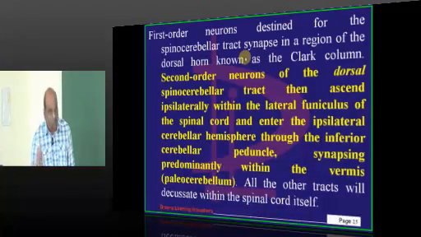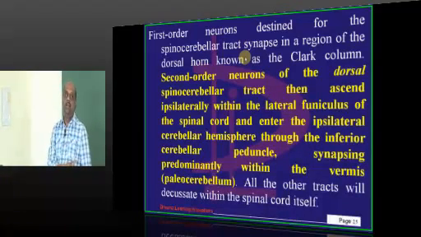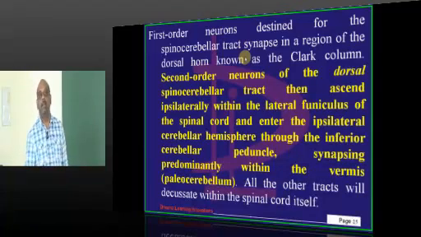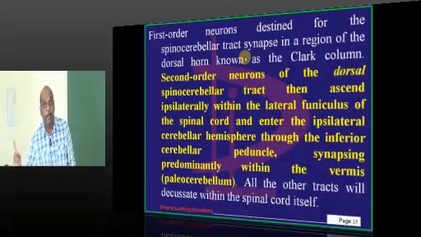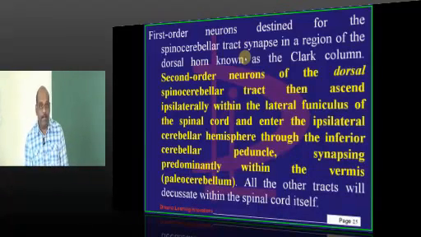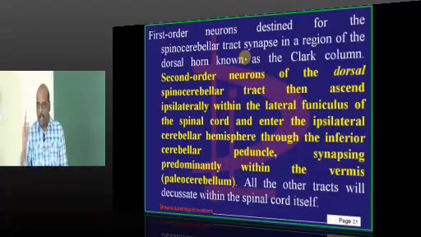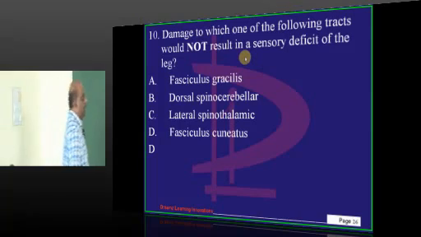What is affected? Only tone is affected. To summarize, if the motor cortex of the cerebral cortex is affected, contralateral power is affected, hemiplegia. If the cerebellum gets affected, ipsilateral tone is affected and hypotonia will be there. So this is what we need to remember.